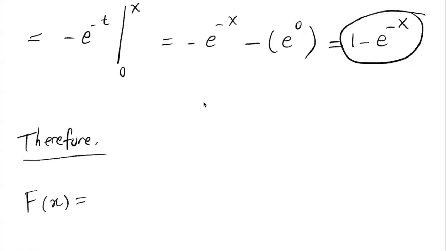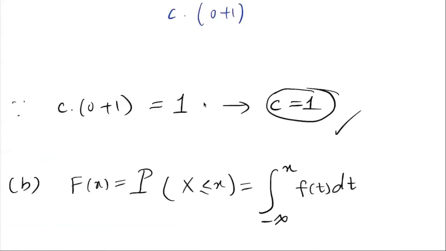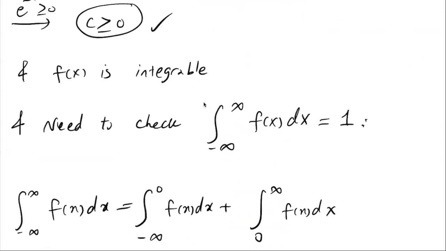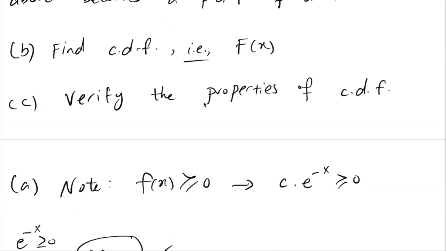Capital F of x equals 0 if x is less than 0, and 1 minus e to power minus x if x is bigger than or equal to 0. This is the formula for CDF. The question was asking us in part B to find the formula for CDF.